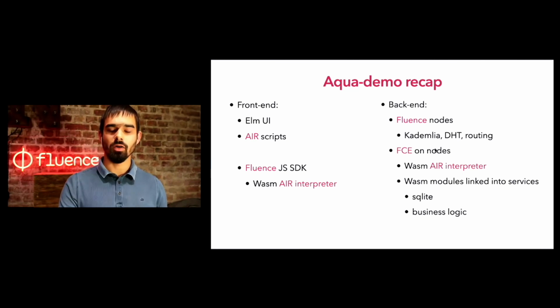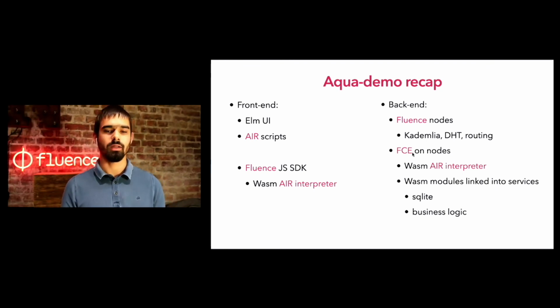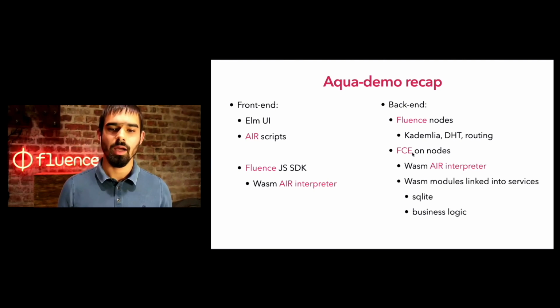And on every node on the back end, the Fluence compute engine is running. It runs the air interpreter compiled to WebAssembly, and it's running in FCE. And then we have multi-module services for history and for user lists. Each is built from SQLite compiled to WebAssembly and from some business logic.